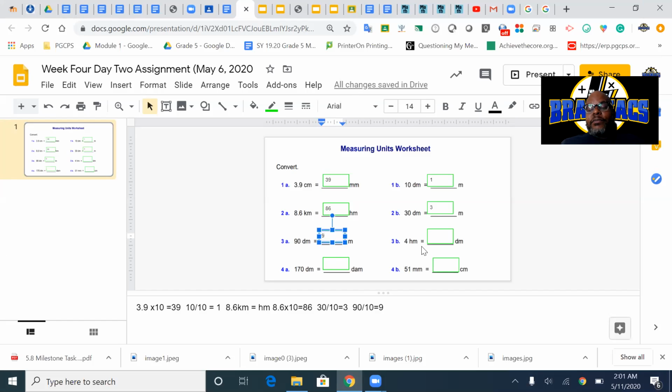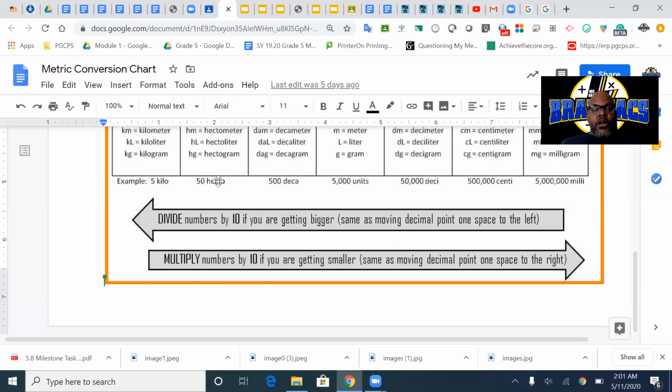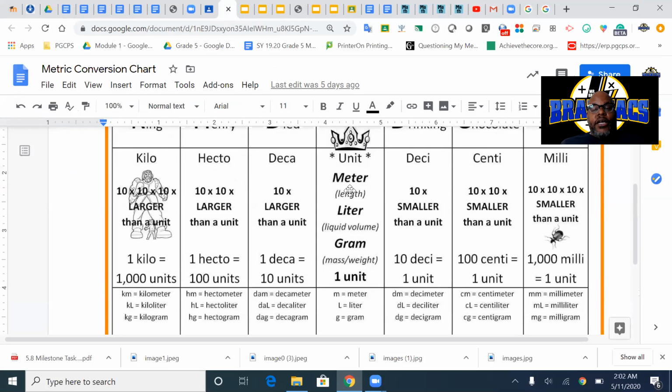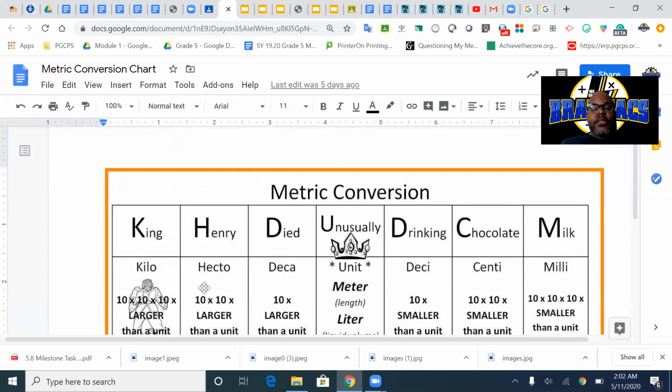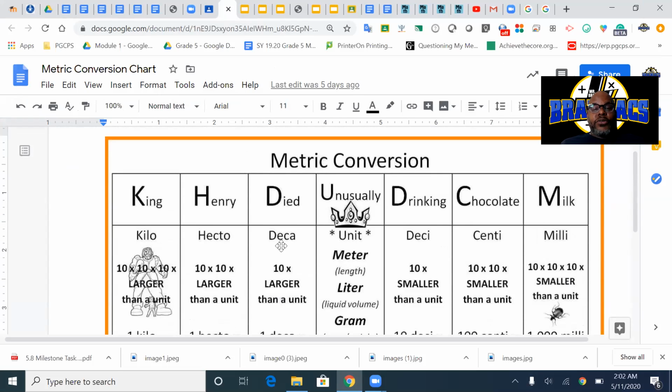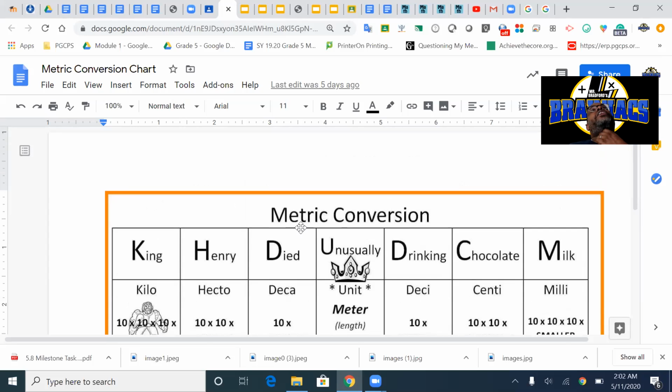4 hectometers equals how many decimeters? Let's go to our chart. So we're multiplying by multiples of 10. So that's 10, 100, 1,000. So we're multiplying by 1,000. Every place you go over is one decimal place or multiples of 10. 1, 2, 3, 10 times 10 to the third power equals 1,000.